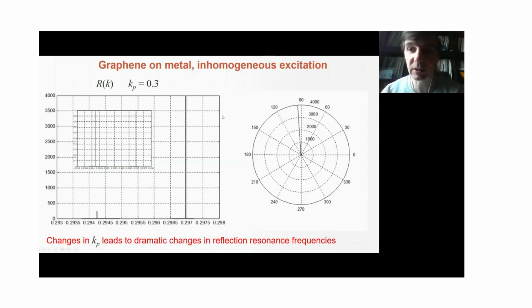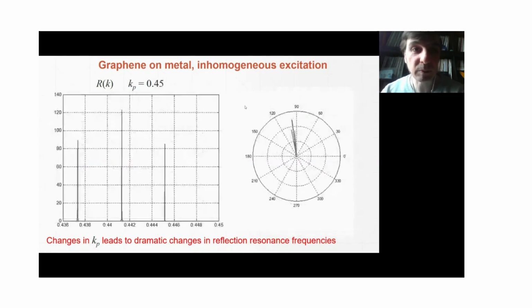It is the reflection coefficient, and this chart on the right shows the direction of radiation for this resonance reflection. And when the Kp changed to 0.45, we now have 3 resonances with much lower Q factor. This is the direction of radiation, and this tendency remains for a change in Kp.